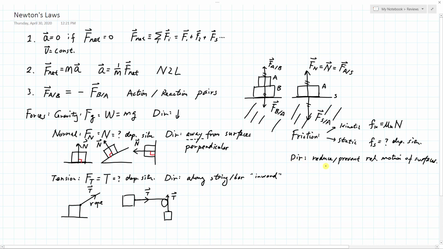Okay, so let's draw something simple here. We'll have a box, and there's some friction here. This mu k is the kinetic frictional coefficient, or coefficient of friction.